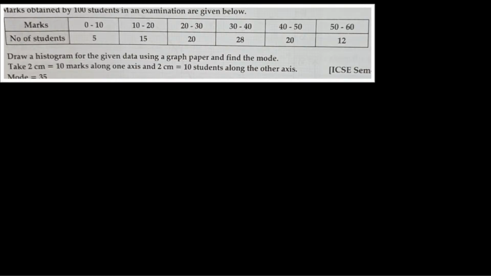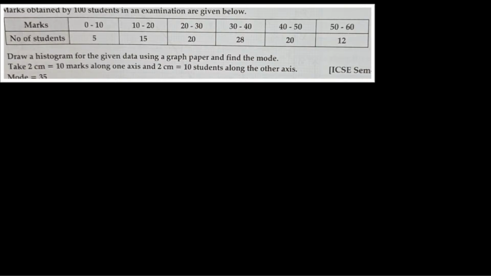Draw the histogram. Again, what we have to do is find the mode. I think the mode question you can now do on your own, because one question I have already explained. So this question of calculating the mode, you can take as a practice question.